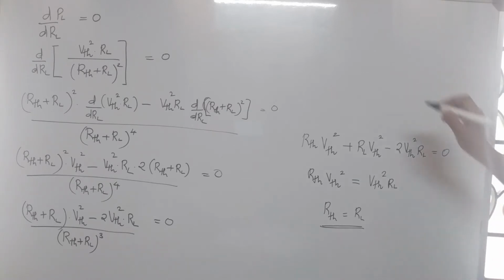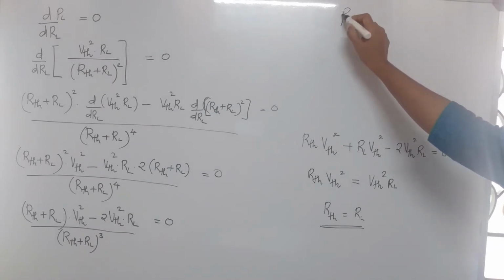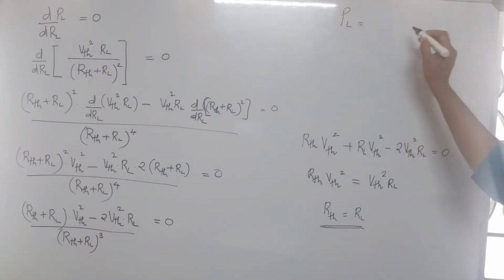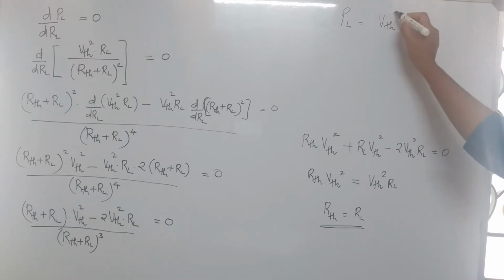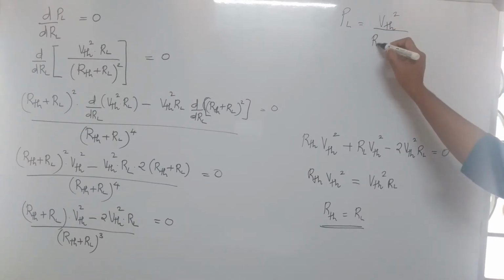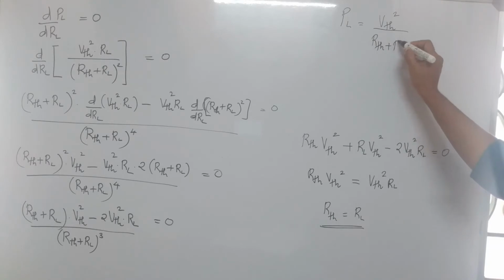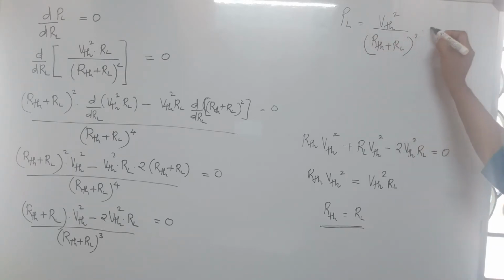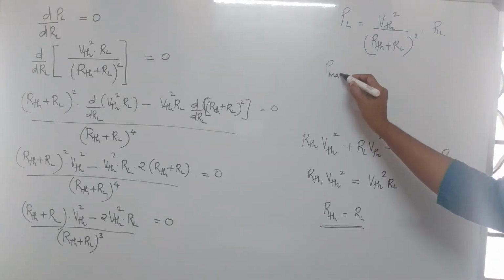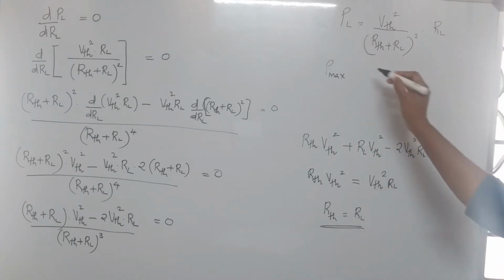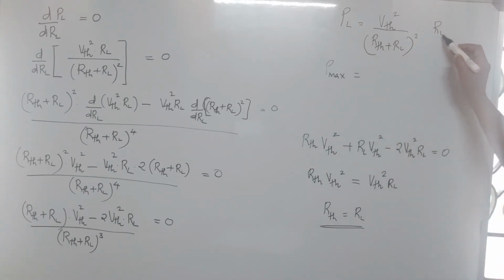Now what will be PL? We have written it as VTH squared by (RTH plus RL) the whole squared into RL. So what will be Pmax? Maximum power transfer will be equal to, for RL we can write RTH.